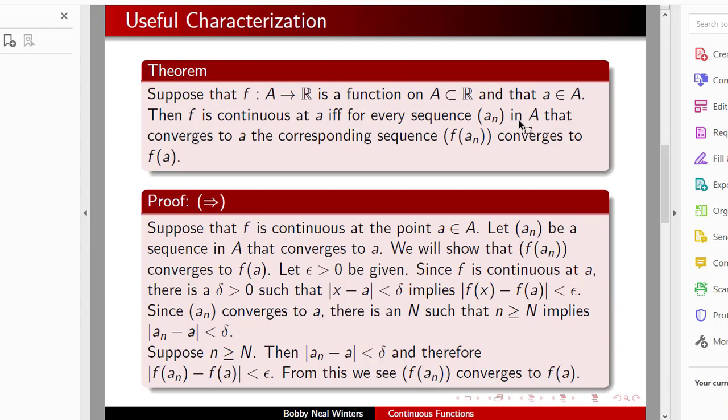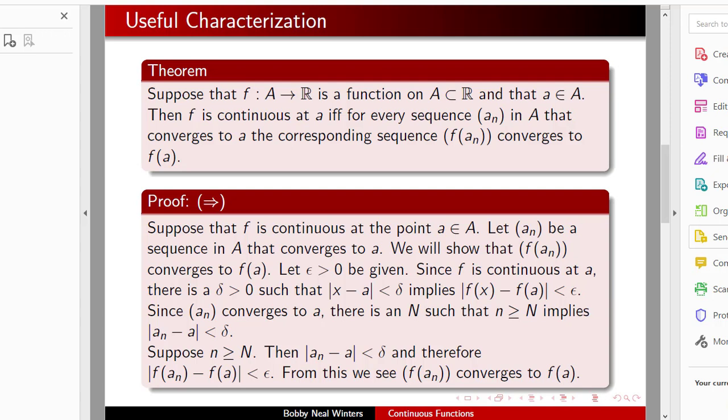So a function is continuous if and only if it preserves convergent sequences. Okay.